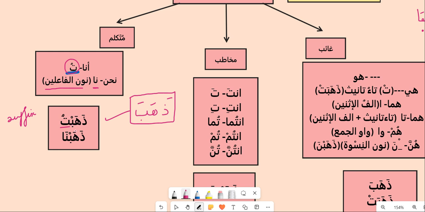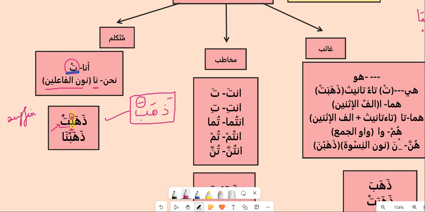And there is one more thing: the sukoon over the last letter of the verb. Here you can see there is a fatha over the ba. But the moment you attach the damir, the ba changes the fatha to sukoon.